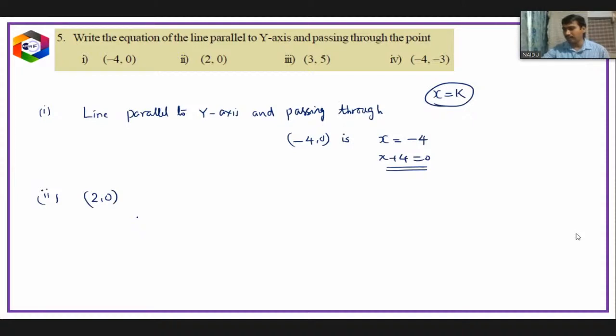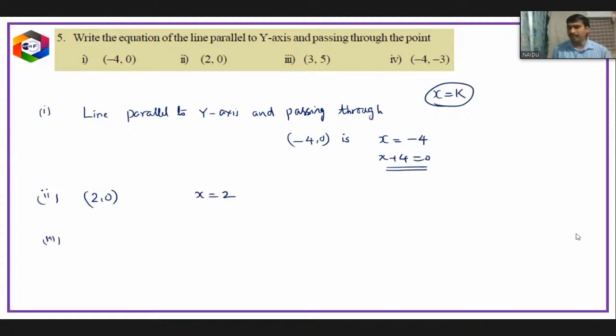Dinesh Kumar also gave it, and Sri Pavan, Manikanta, good. Sheikh Rizwana, Sai Guna, Shahul, Srinivas Rao Battula, and Muni also gave the correct answer. Well done, children. Each and every one has given the correct answer. So the equation for this is x equal to 2.